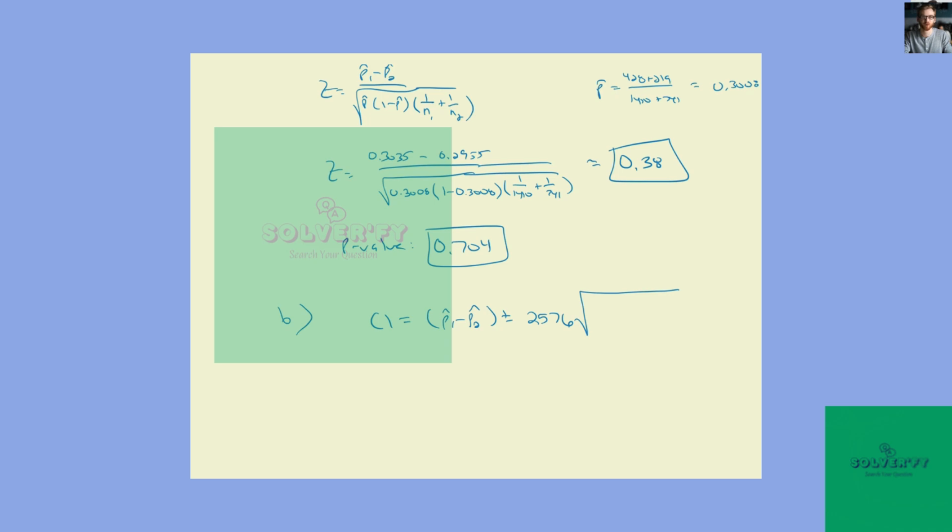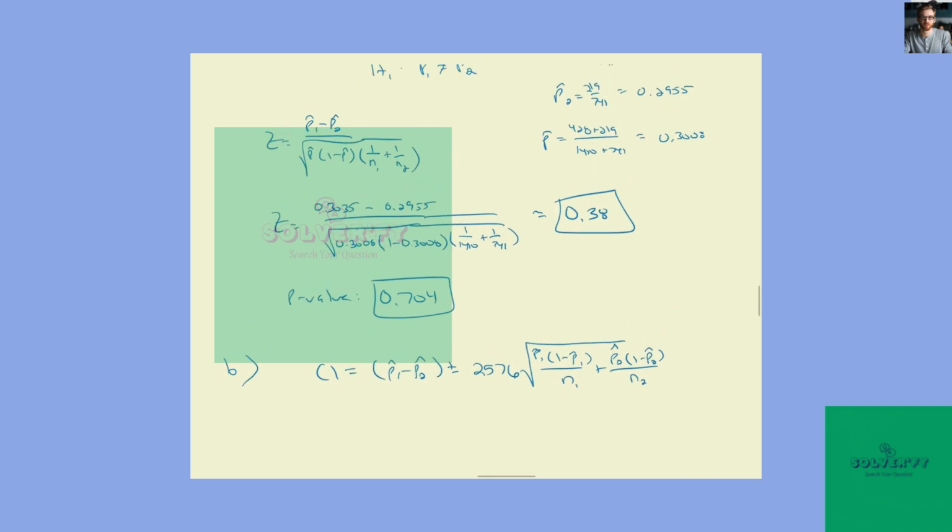And we're going to multiply that by the square root of the first sample proportion times 1 minus the first sample proportion over its sample size plus the second sample's proportion times 1 minus the second sample proportion over its sample size.